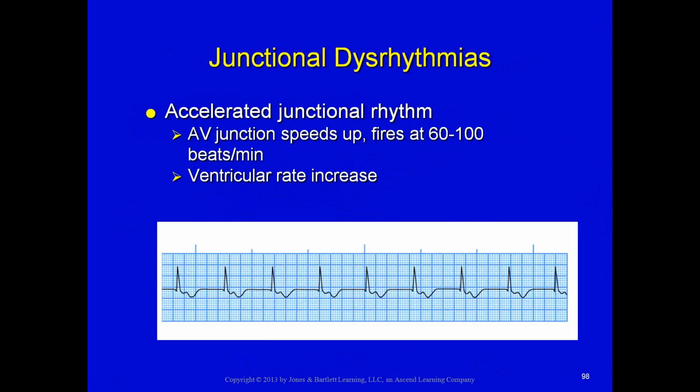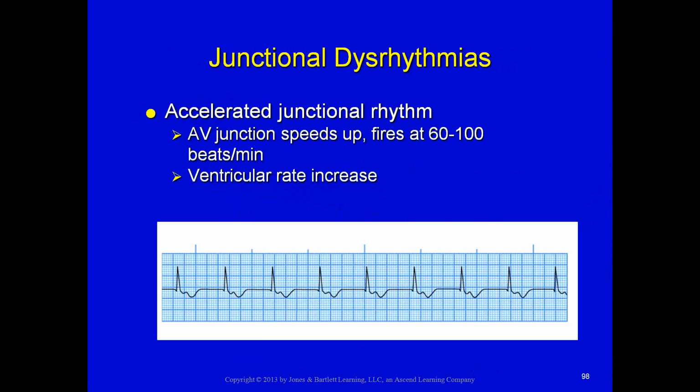Now here you see on this strip, I have a rhythm that is nice and regular. The rate is 300, 150, 100, 75, 60. The rate is somewhere around 72. So I've got a rate of 72. The rhythm is nice and regular. I don't see any P waves before those QRSs.